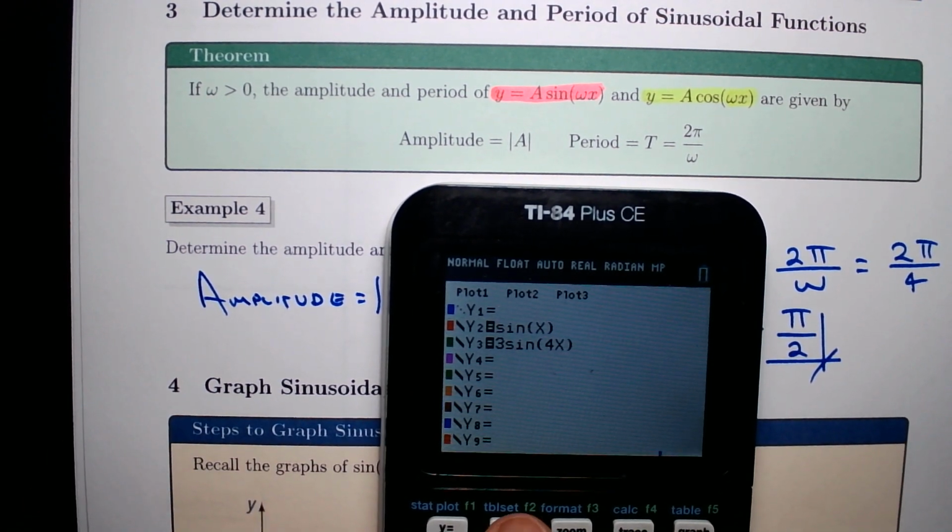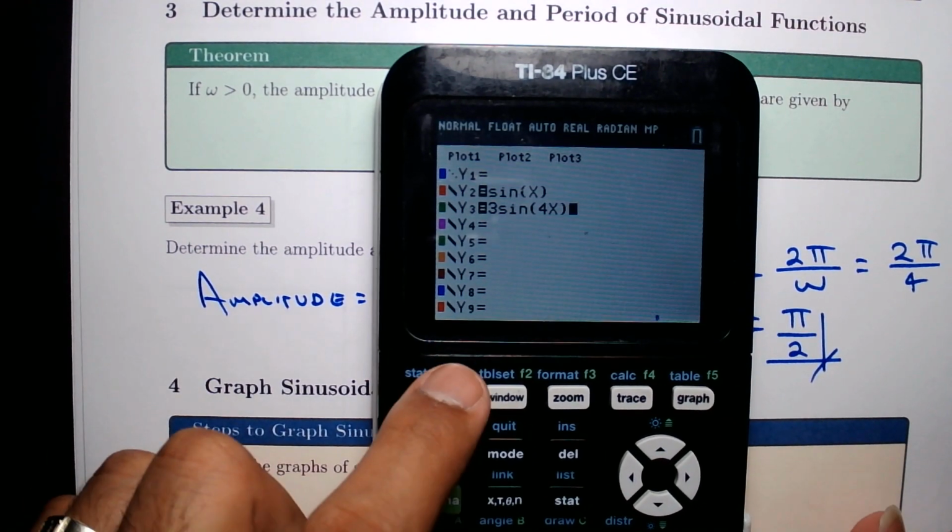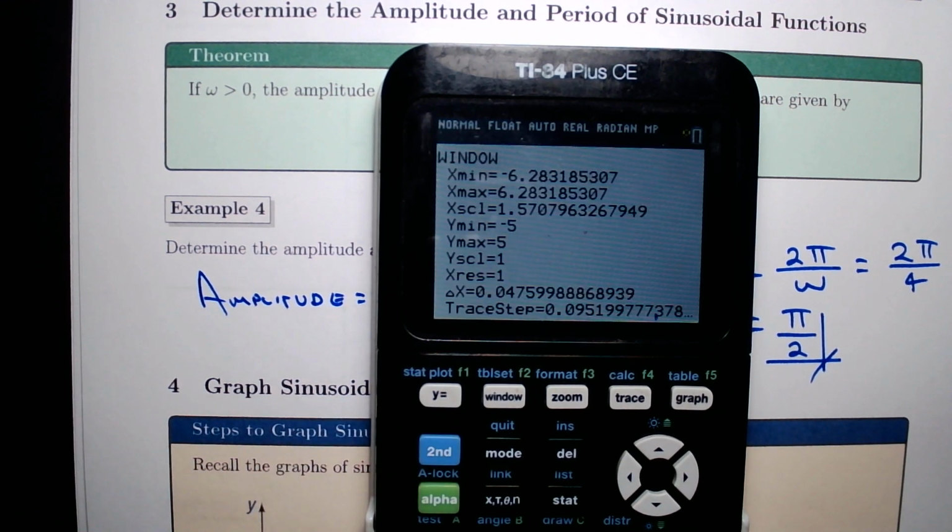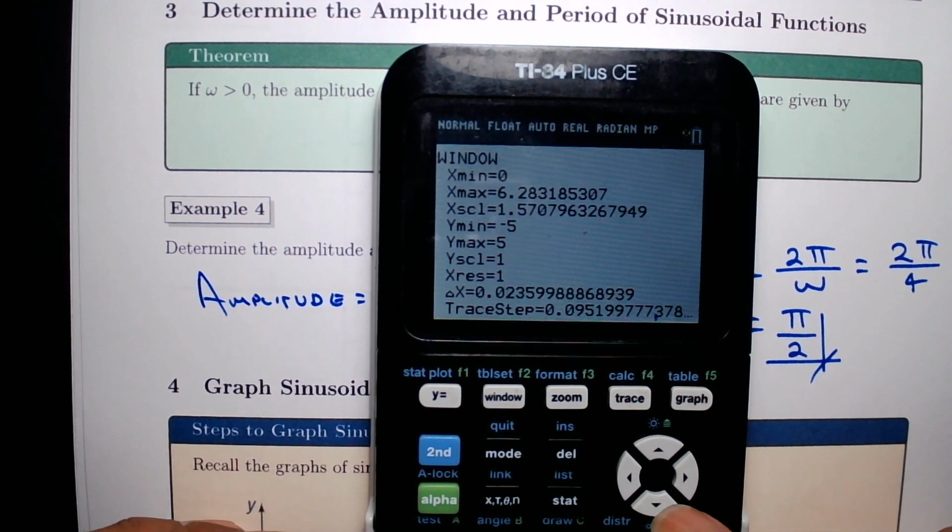Okay, I'm going to edit the window here. I'm going to draw only one period right here, so I'm going to go from 0 to 2 pi.